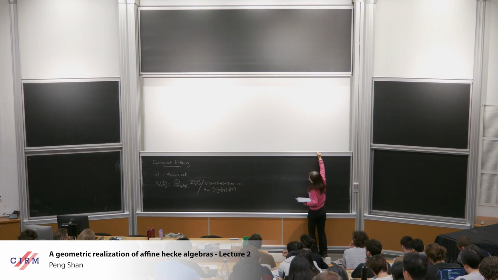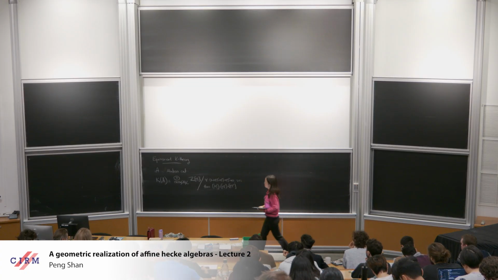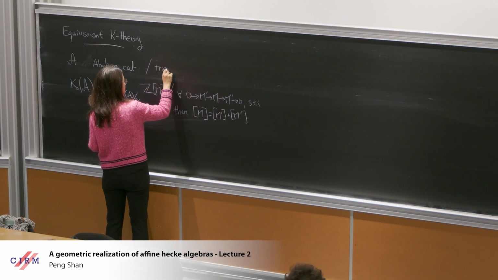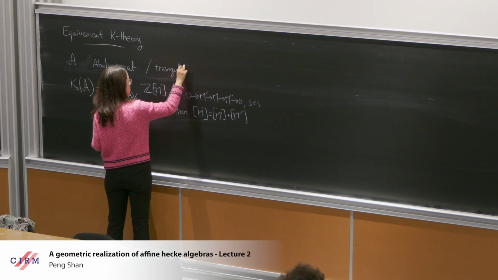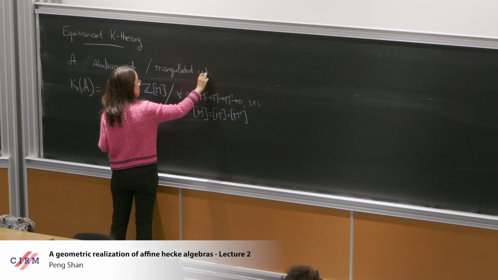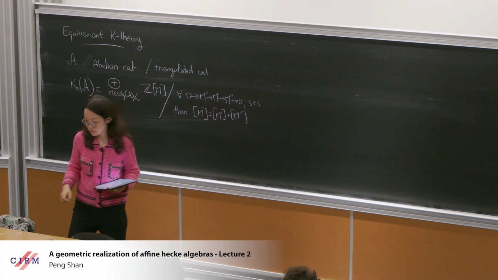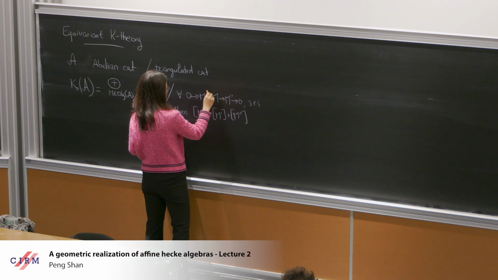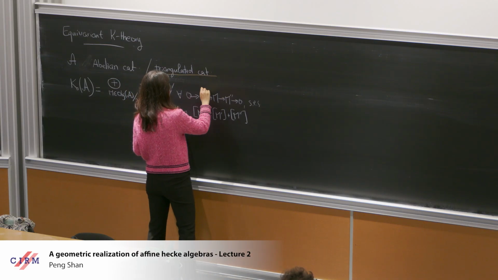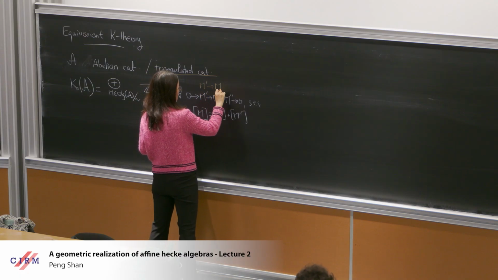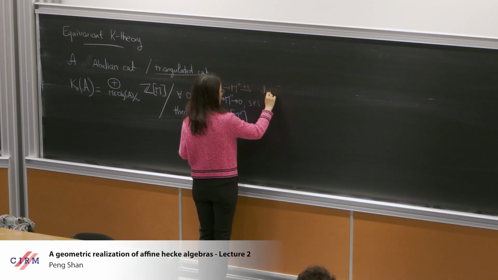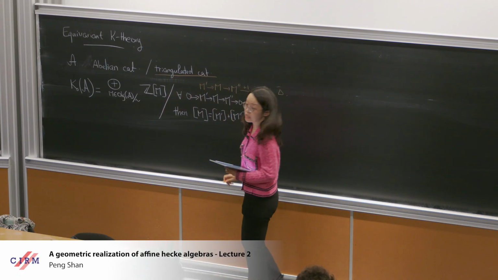And you can define this also for a triangulated category, where you replace this condition of short exact sequence by one for each distinguished triangle. For each distinguished triangle, you have a relation like this.